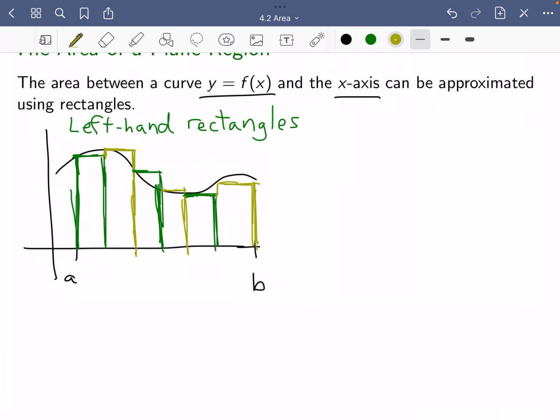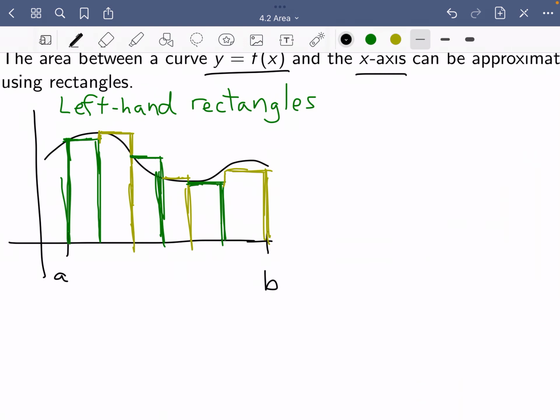If the widths of these rectangles are all the same, let's call those widths delta x. Then this first x value, we'll call x naught, is a plus 0 times delta x.